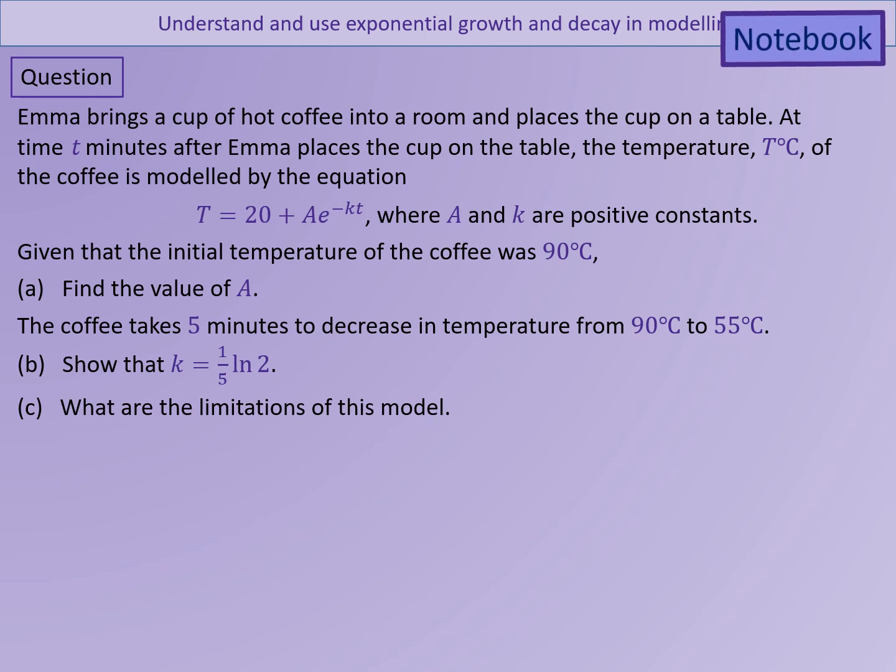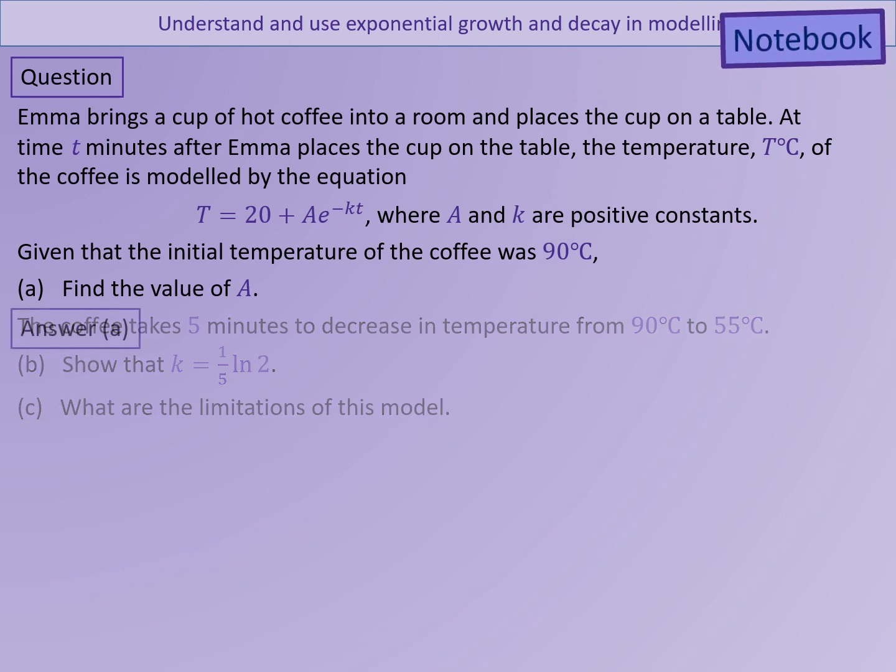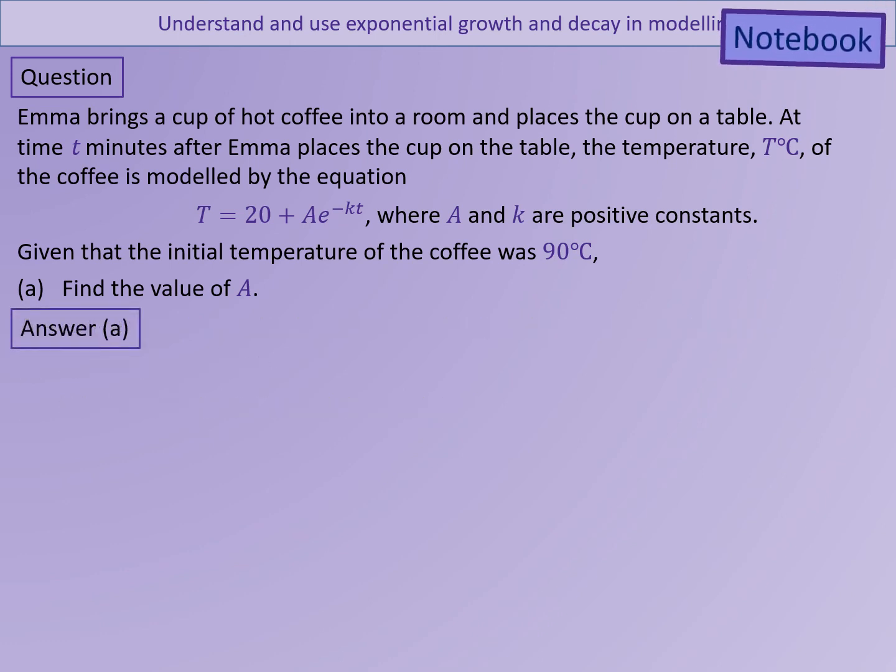Whereas T for temperature and t for time are examples of variables, and they can change depending on the values that we choose for them to be. But a and k are constants, and one of our jobs within this question will be to find the values of a and k. In order to do that, we have been given an initial temperature, and that initial temperature of the coffee is 90 degrees Celsius.